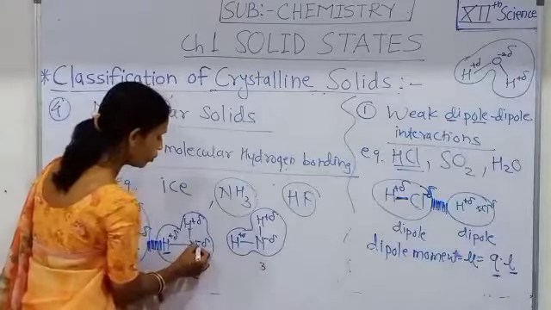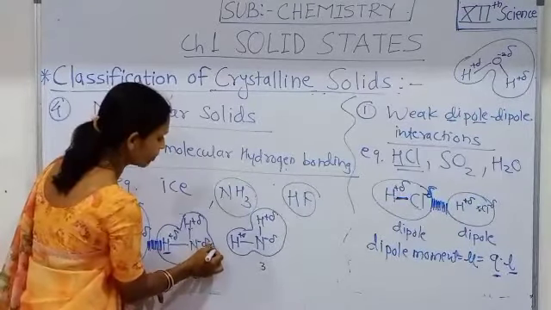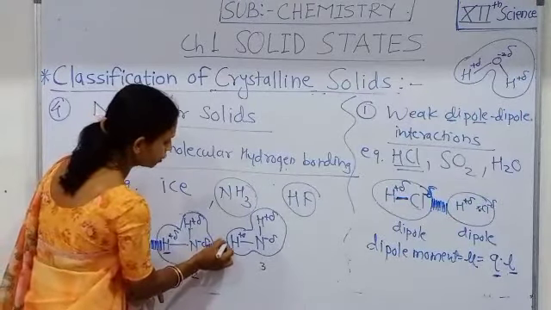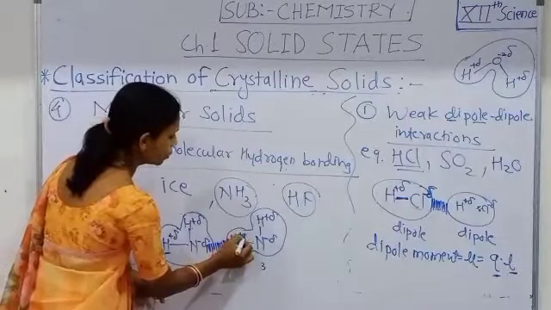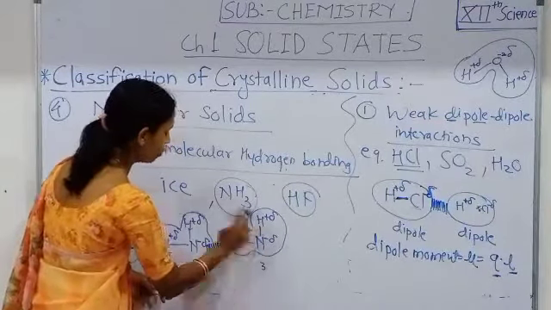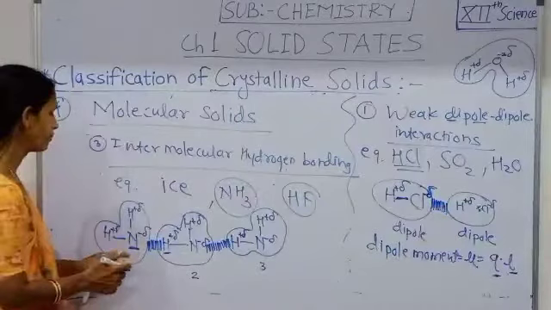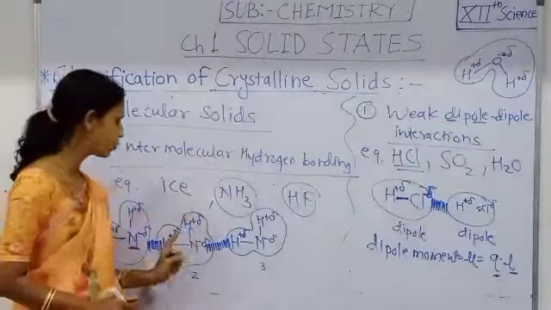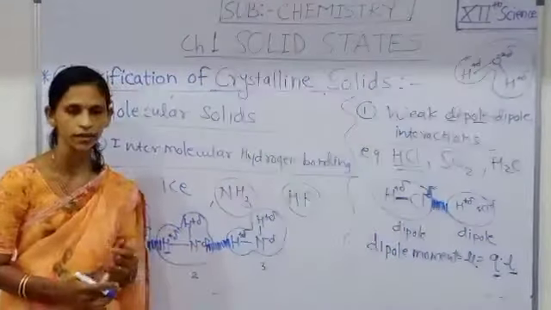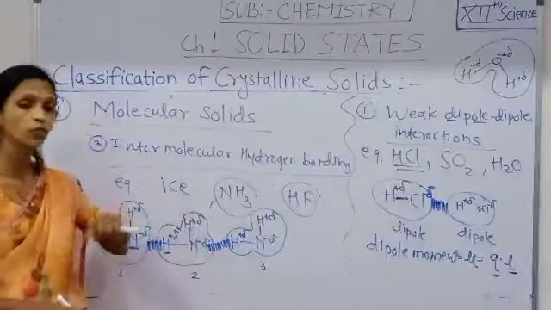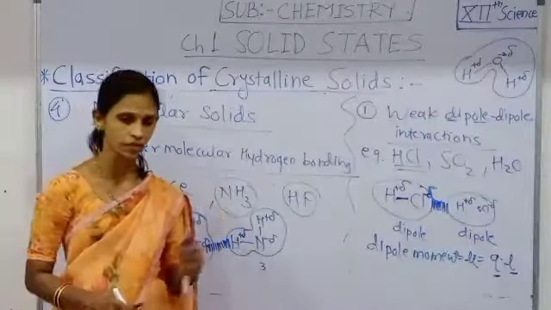Similarly, the negative pole of the second molecule of ammonia is attracted towards the positive pole of the third molecule of ammonia, and that is the intermolecular hydrogen bonding. Those types of examples we have already studied in 11th standard.